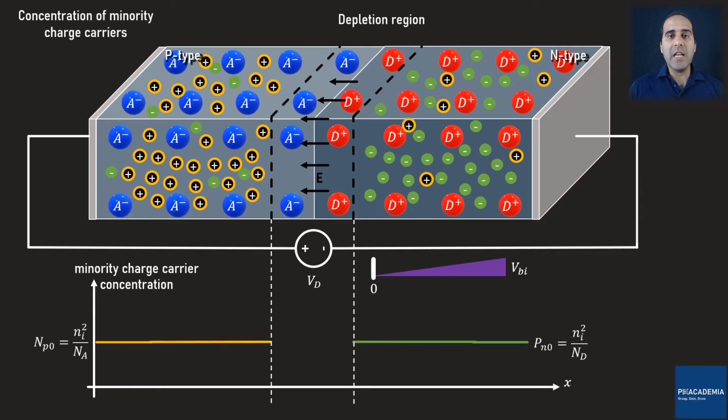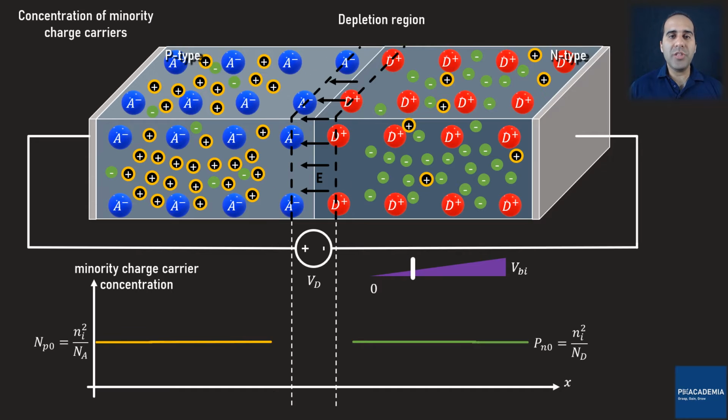As I said, when Vd is greater than 0 volts, the depletion region's width reduces, and now the diffusion process gets stronger. This means that there are now more holes to diffuse into the N semiconductor from the P semiconductor, and more free electrons to diffuse into the P semiconductor from the N semiconductor.